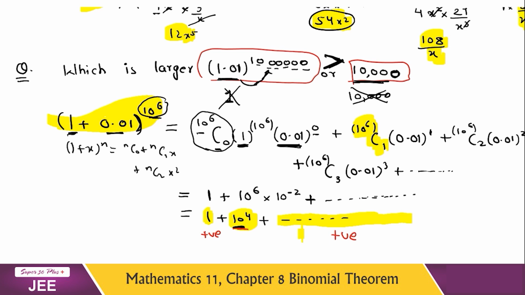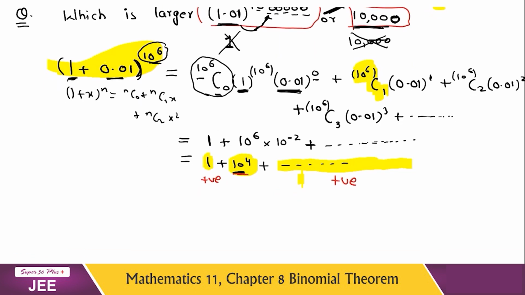With the help of the binomial theorem, we have concluded that 1.01 raised to the power 10^6 is greater than 10,000. This is the beauty of the binomial theorem. So please don't make rough guesses.